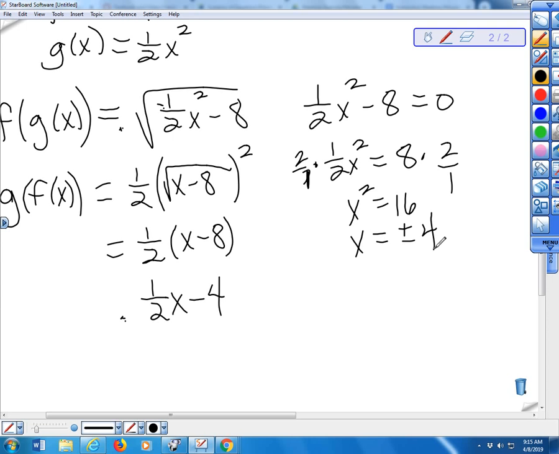Okay? So what I want to show you is if I graph this, this is not a negative 1/2 x squared. This is just a 1/2 x squared. I'm trying to figure out where this is negative. Everybody see that? So I'm not going to graph the root. I'm just going to graph this, because where it's negative is where it goes below the x-axis, right?